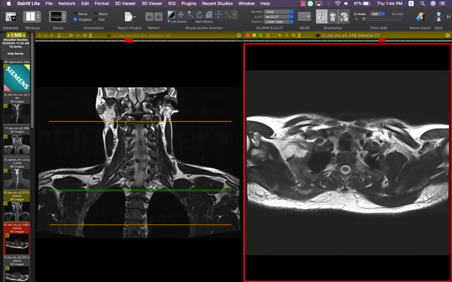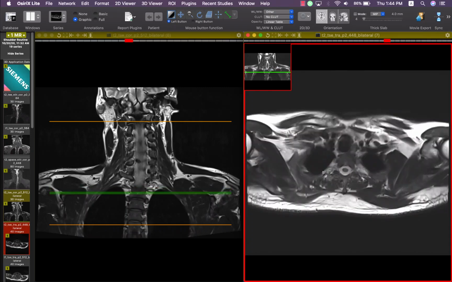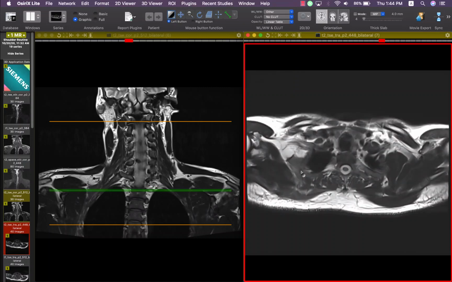And as we discussed before, it is usually classified into three grades. If there is no fiber disruption, this is grade 1. If there is partial fiber disruption, this is grade 2. If there is a complete fiber disruption and avulsion, this is called grade 3. So this is a grade 2 to grade 3 injury or strain of the insertional fiber of the serratus anterior.